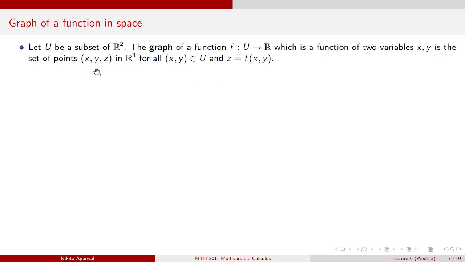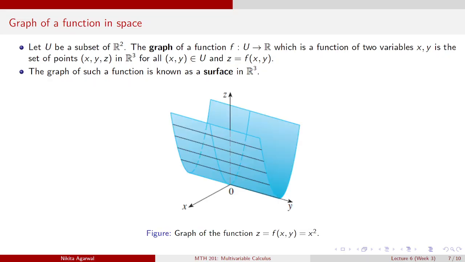Now when you look at this collection of points where x and y are in the domain, and the third variable is the image of x and y under f, you get a surface in R3, right? So the graph of such a function is known as a surface in R3. So if we look at this picture, this is the graph of the function z equal to f(x, y) equal to x square.